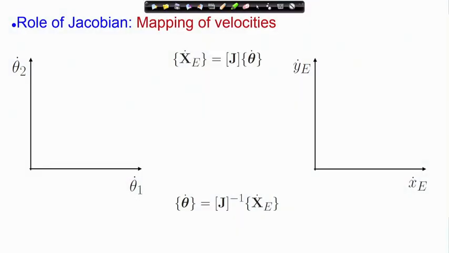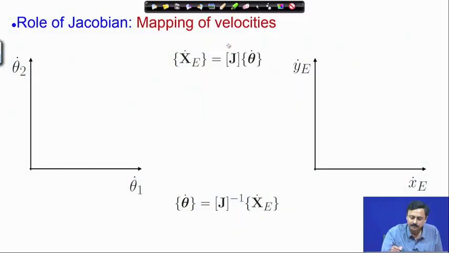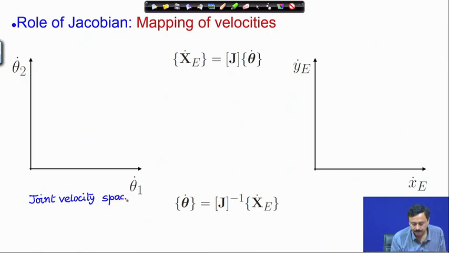So, here I have shown you on the left the joint velocity space, which comprises theta 1 dot and theta 2 dot.